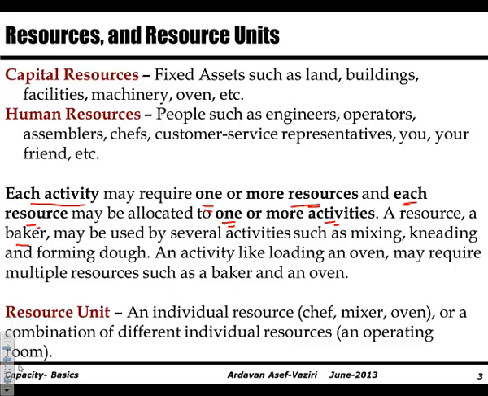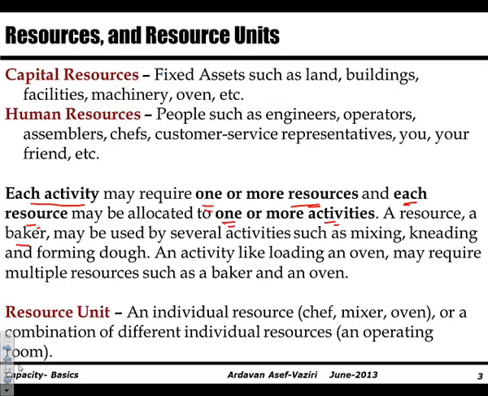Resource unit could be a single resource like you, your friend, like a baker, like a chef, like a mixer, like an oven, or it may be a combination of several resources which perform like a unit. For example, all the people and equipment in an operation room, in an emergency room, all together work as a resource unit.